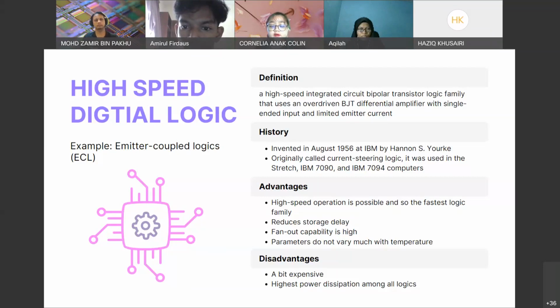It also reduces storage delay, and its fan-out capability, which means the number of inputs that can be connected to a specified output, is very high. It does not vary much with temperature, which means it is independent of temperature. The disadvantage of ECL is that it is a tad bit expensive and has the highest power dissipation among all logic families.